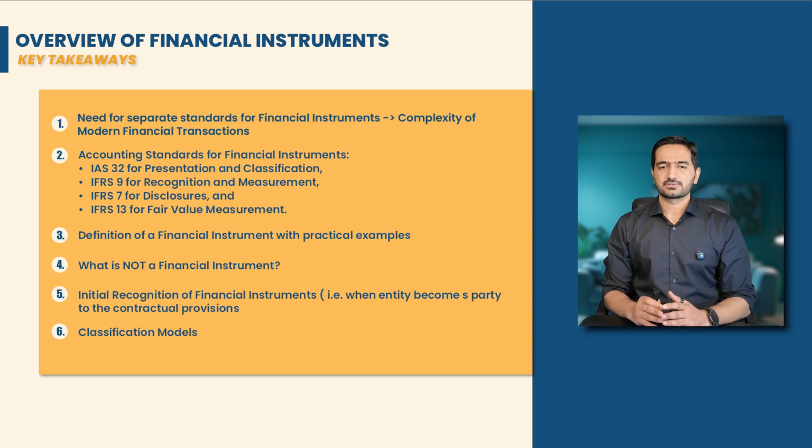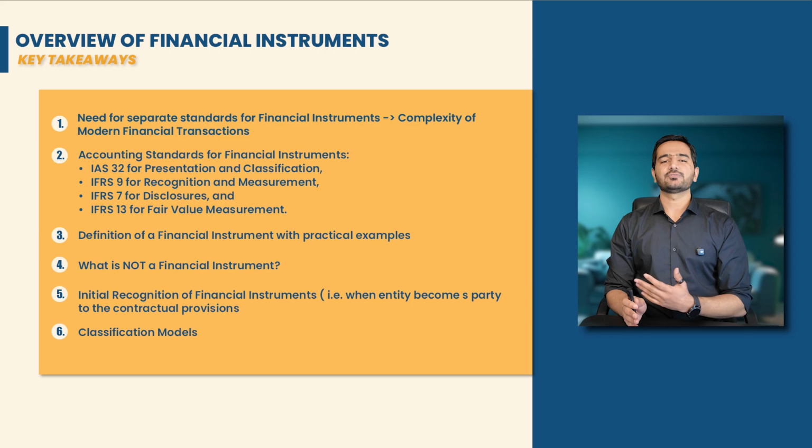Alright my friends, in today's lecture, we have laid the foundation for this entire chapter on financial instruments. We understood why traditional accounting was inadequate for the complexity of modern financial transactions and why the IASB developed a dedicated family of standards.